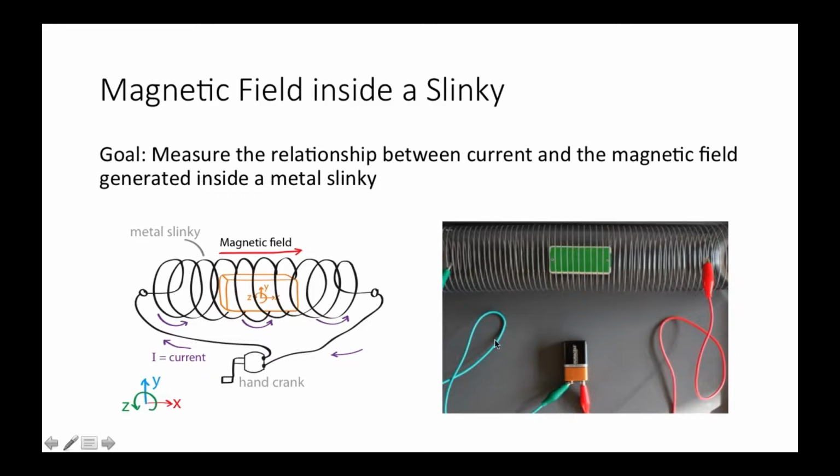So what we're going to do is run an electrical current from the battery through the Slinky, and you see that here too in this diagram. And as we do that, the electrical current will produce a magnetic field, and you see the direction of the magnetic field with this arrow here. And so students will be able to measure that direction and measure the magnetic field coming off of a small electrical current.